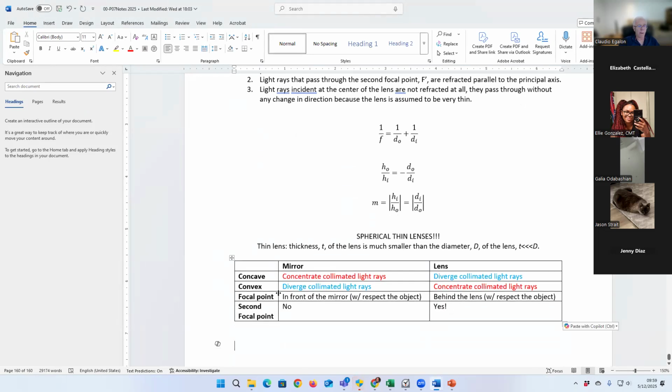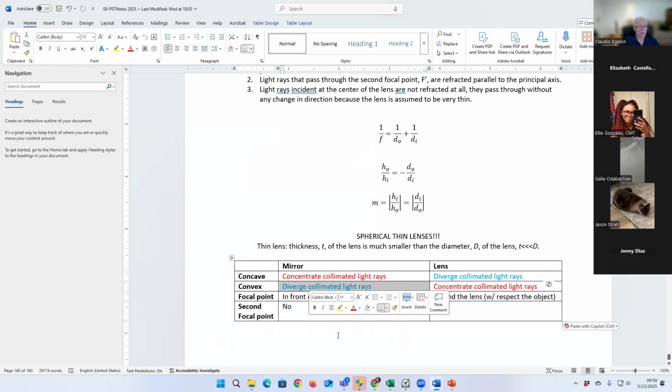Here you go. Comparing a lens with the mirror, comparing lens with mirrors. Concave mirror concentrates a collimated light ray. But a concave lens diverges a collimated light ray. See, I put in the same color, red here and red here. Okay.